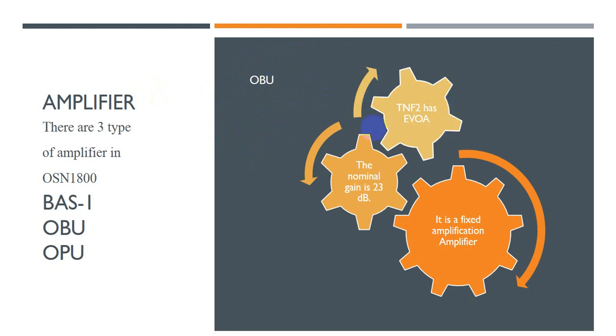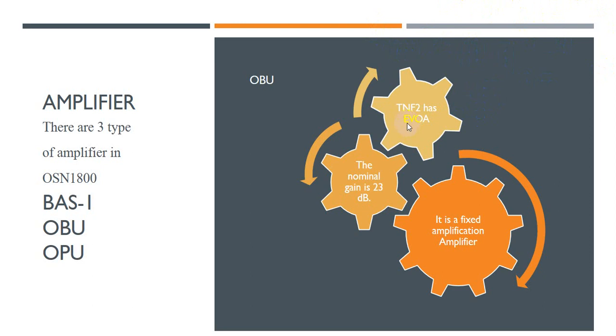So there is TNF1 and TNF2. In TNF2 the difference from TNF1 is an additional EVOA, which means embedded variable optical attenuator.